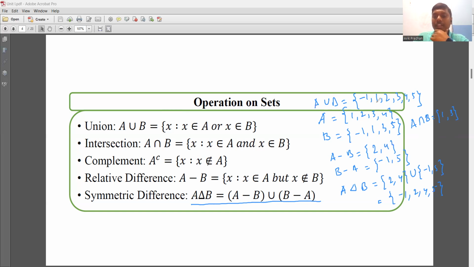A union B is nothing but the union of the symmetric difference of A and B and the set A intersection B. So I can write A symmetric difference B is equal to A union B minus A intersection B. I can just delete those elements of A intersection B, and whatever is the leftover part, that will be the symmetric difference.